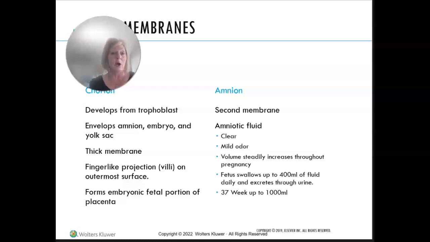It really shouldn't have any odor to it, and it should steadily increase as the pregnancy progresses. By the time we get to delivery, we should have 1,000 milliliters of amniotic fluid. That's about a liter of fluid, which is quite a lot.